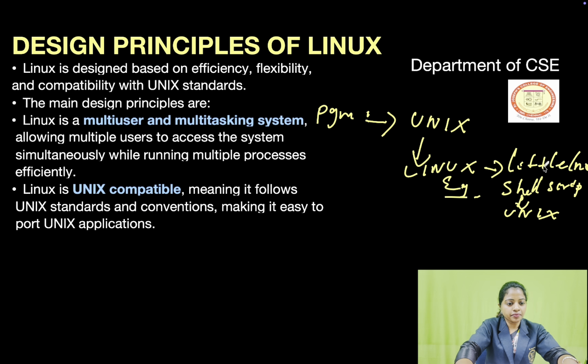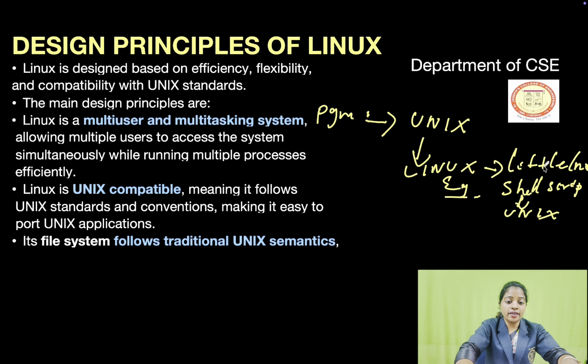Third, its file system follows traditional Unix semantics. That is, everything in Linux is treated as a file. For example, /dev/usb means your USB device, or /dev/sda is a hard disk.